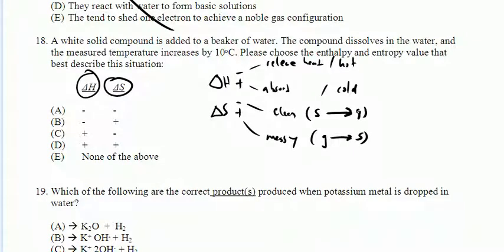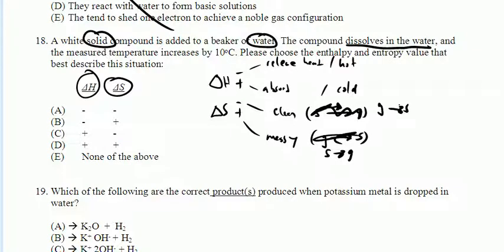All right. A white solid compound is added to a beaker of water. The compound dissolves in the water. So we're going away from solids, toward messy. Clean would be gases to solids.